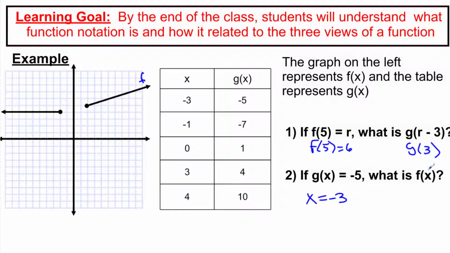So that means I can come over here and say, I know what x is now, so this is f of negative 3. And if I go to my graph and go over to negative 1, negative 2, negative 3, I can then go up and say f of negative 3, the overall answer to this question, is f of x has got to be negative 4 when x is negative 3.